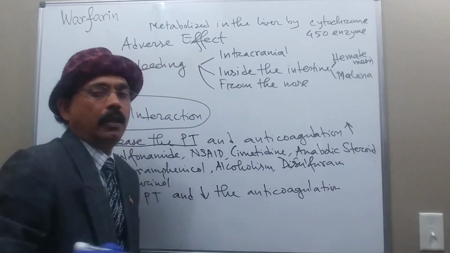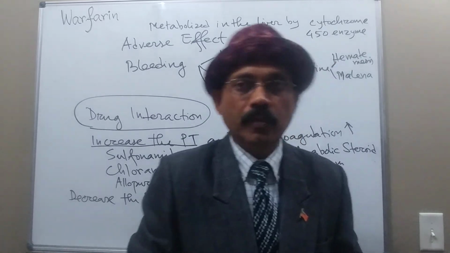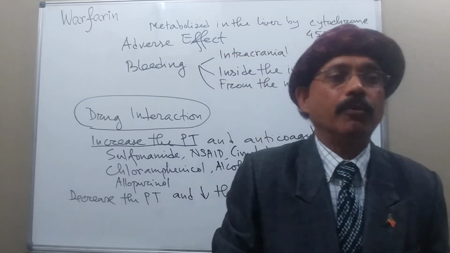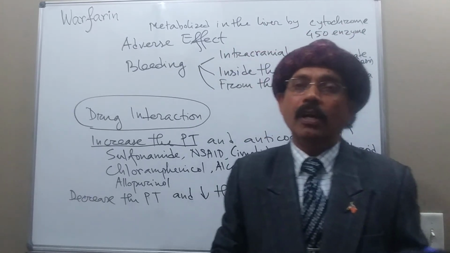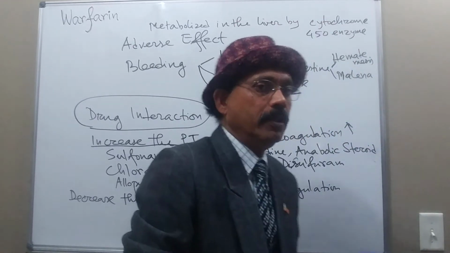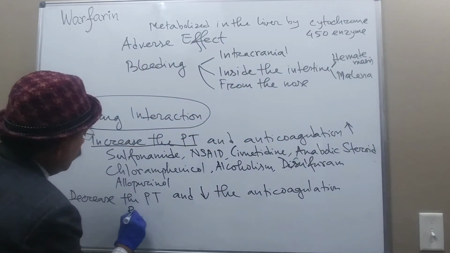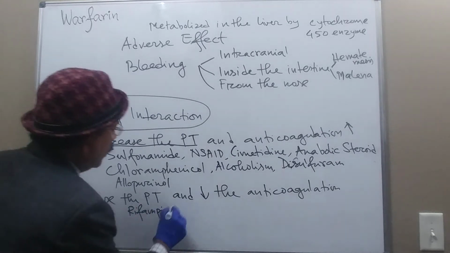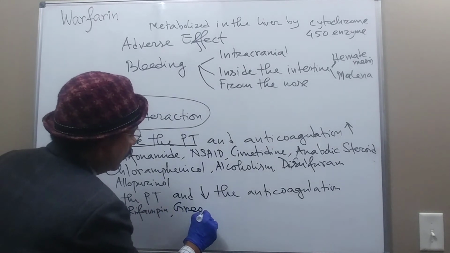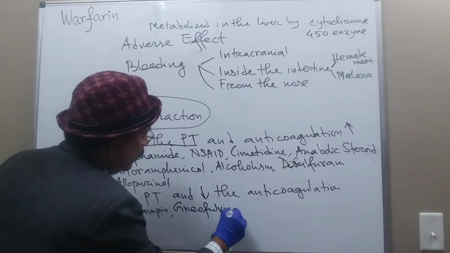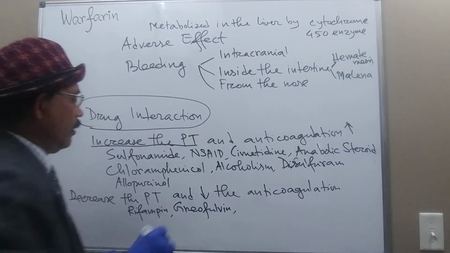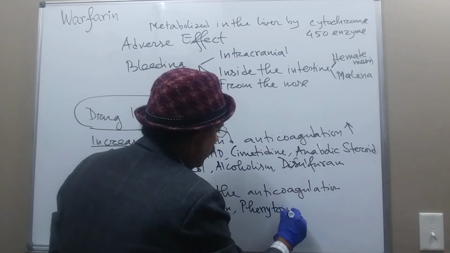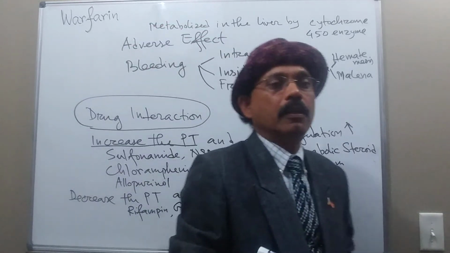These drugs are the anti-TB drug like rifampicin, or the anti-epileptic drugs like carbamazepine and phenytoin. Also the antifungal drug griseofulvin, very good in ringworm, like rifampin, which is the anti-TB drug. And phenytoin, the anti-epileptic drug.